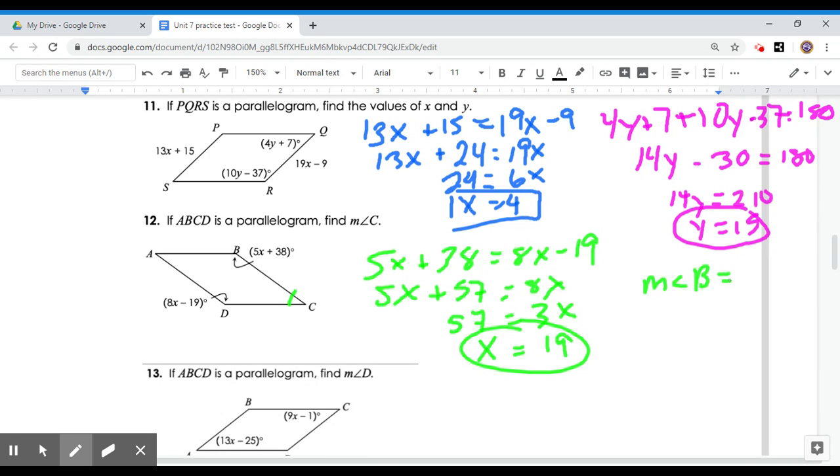So 5 times 19 plus 38 equals 133. So I just plugged this x in to x here to find 133. And then measure of angle C is 180 minus 133. So 180 minus 133, which is 47. So measure of angle C equals 47.